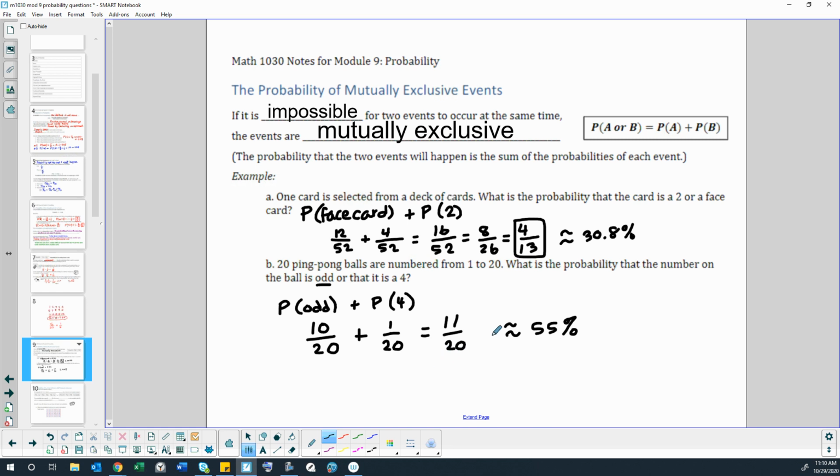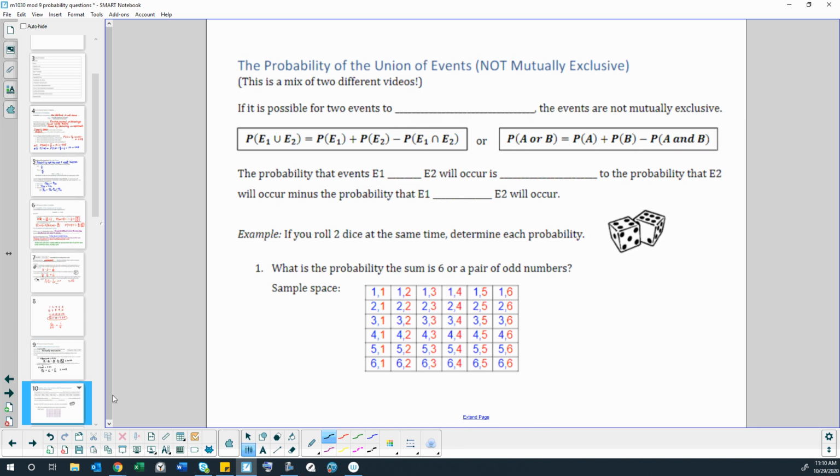Okay, let's look at events that are not mutually exclusive. That means they do have overlap. We're also going to look at a sample space. The probability of the union of events. This is where we have events that are not mutually exclusive. They have some sort of element that overlaps.